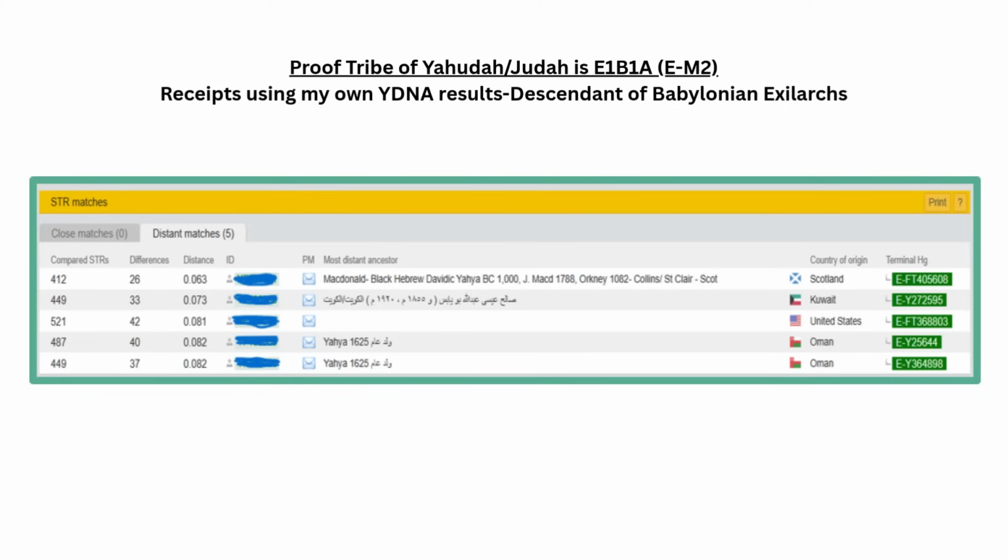And then after Ezra took most of them back to Jerusalem, once the Persians conquered Babylon, some of them stayed. So what you're seeing here in the matches from the Middle East are descendants from Babylonian exilarchs that chose to remain in the area after the exile was completed, when most of the exilarchs went back to Jerusalem.